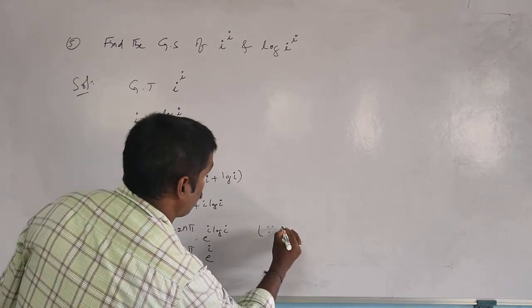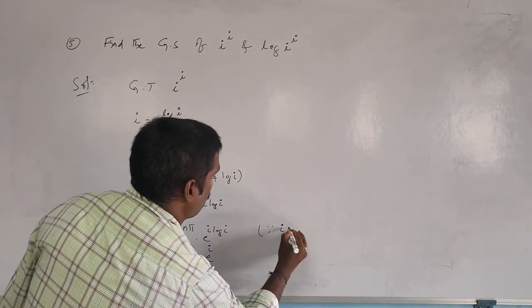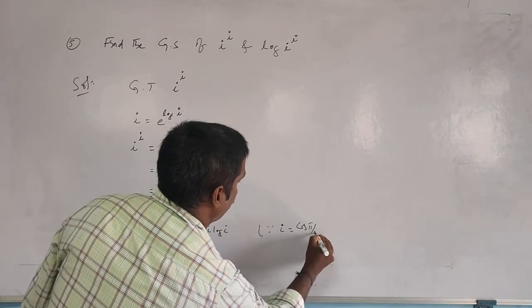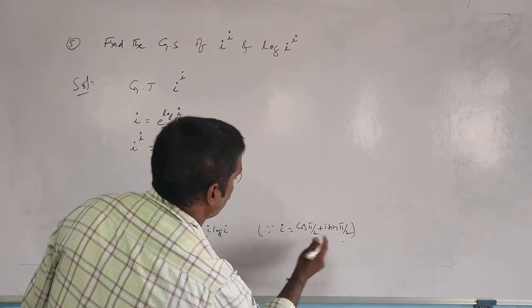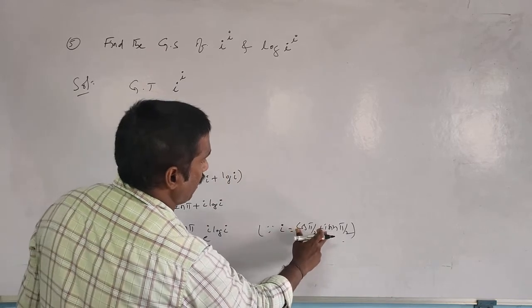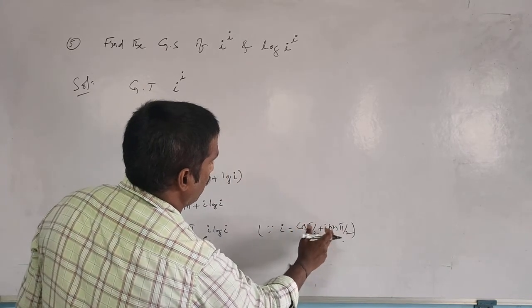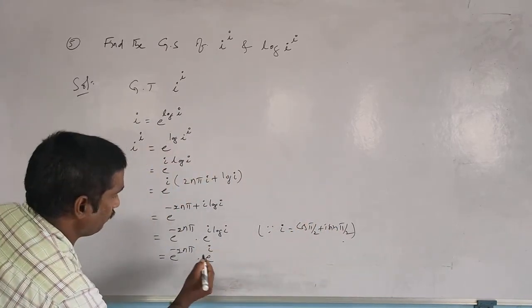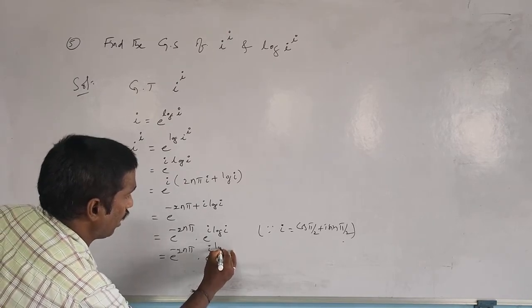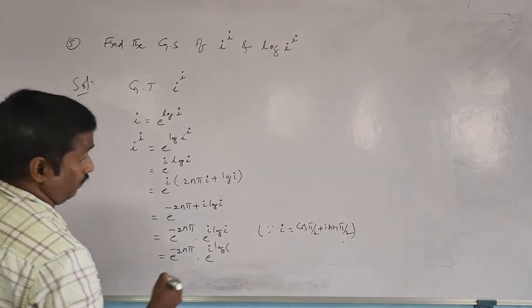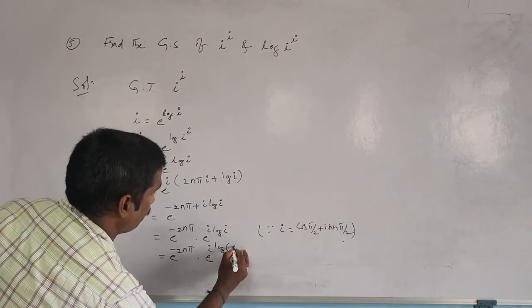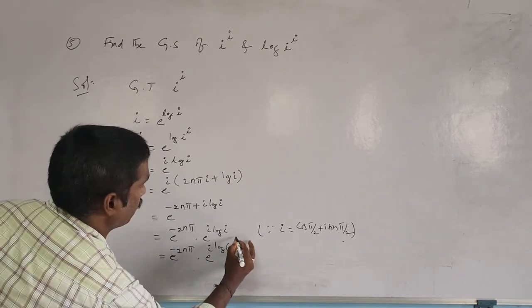So for i, the formula is i equals cos pi by 2 plus i into sin pi by 2, that means cos pi by 2 value 0 plus i into sin pi by 2 value 1, so log i is i pi by 2.